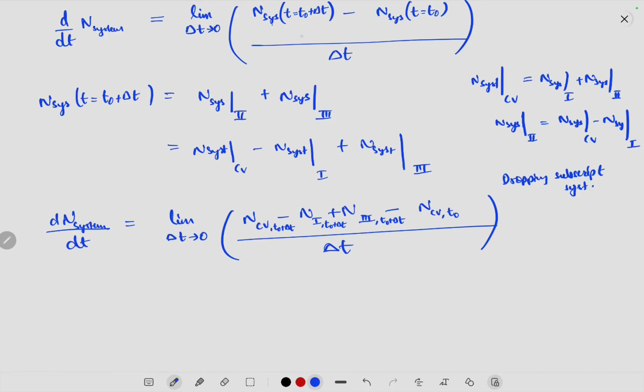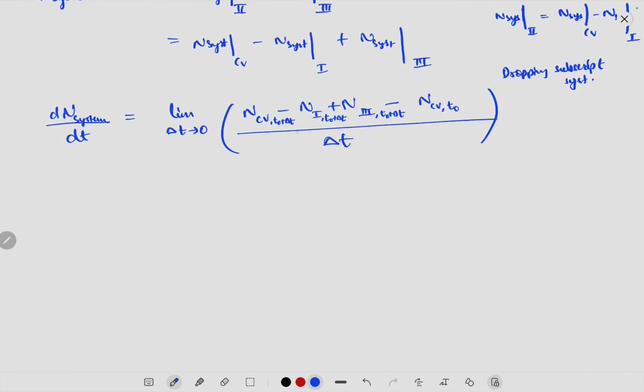So we can see here that we have N_CV at t0 plus delta t minus N_CV at t0, divided by delta t. We can write this as the limit as delta t approaches 0 of N_CV at t0 plus delta t minus N_CV at t0, divided by delta t.